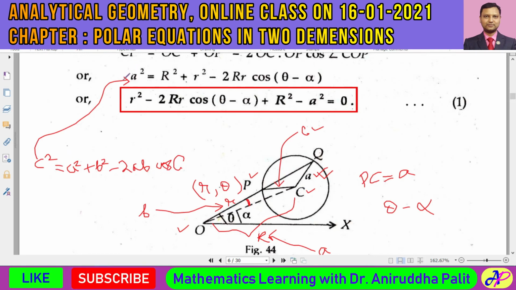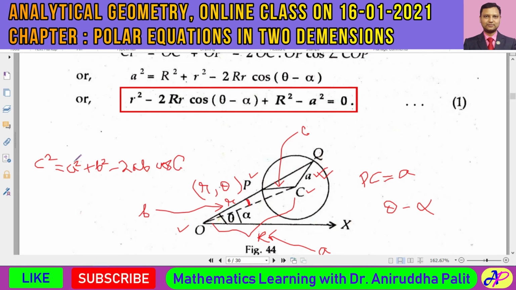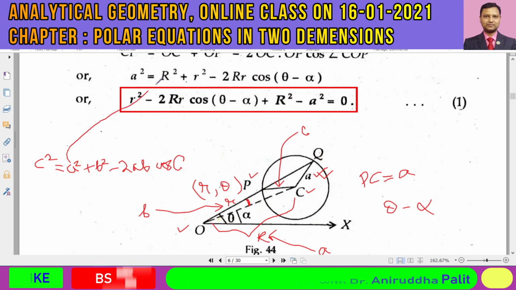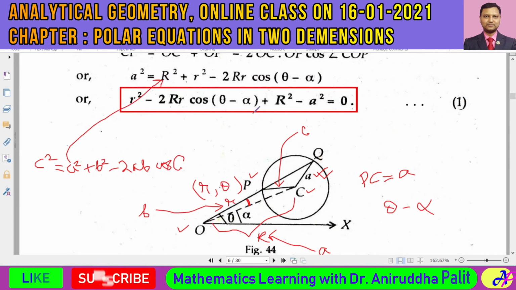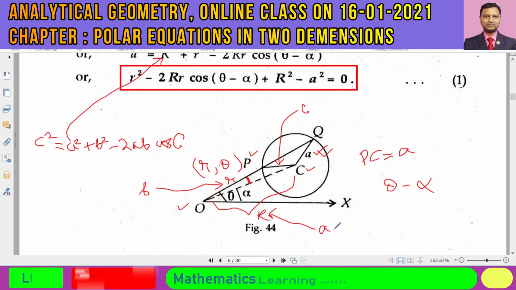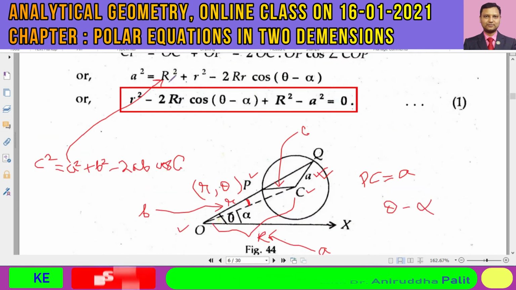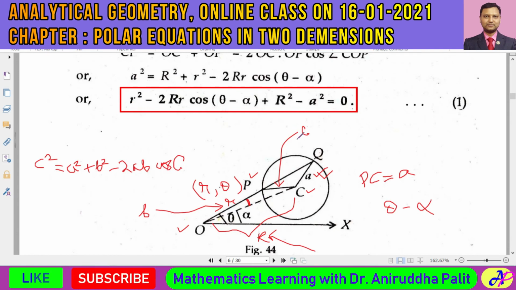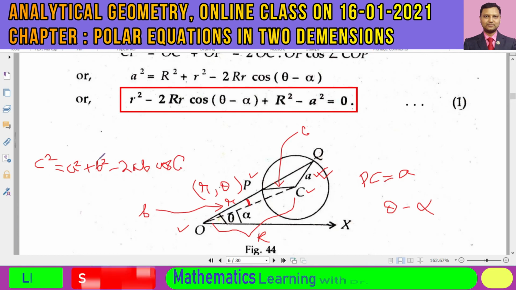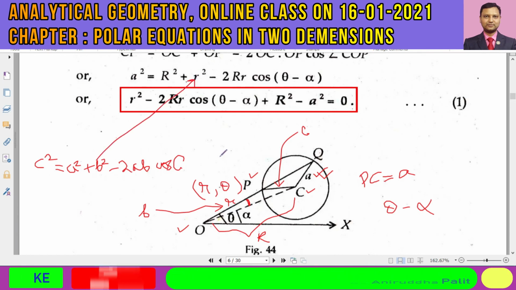So in place of c square, we can write a square. And in place of a square, we can write this distance r square, so this r is actually nothing but equal to a in this formula. And in place of b square, we can write this small r square.